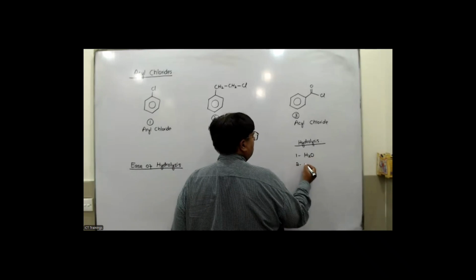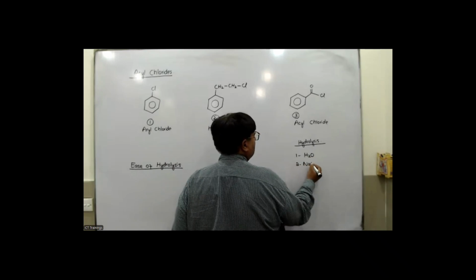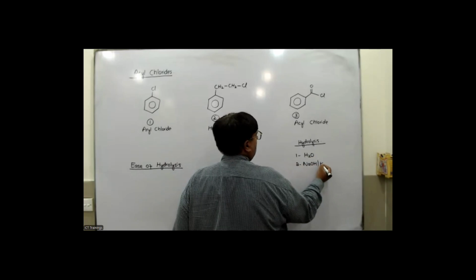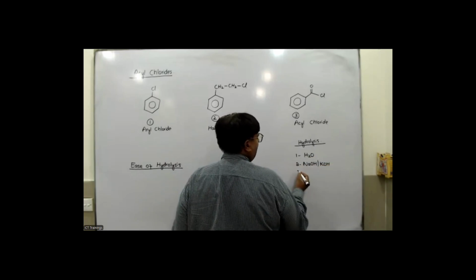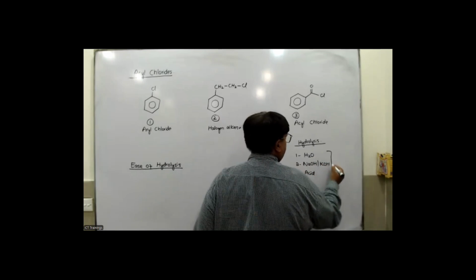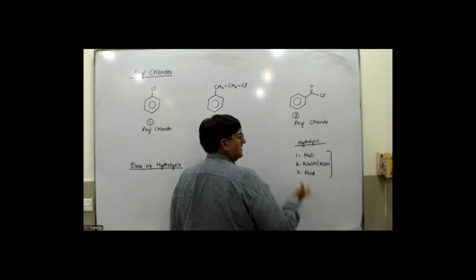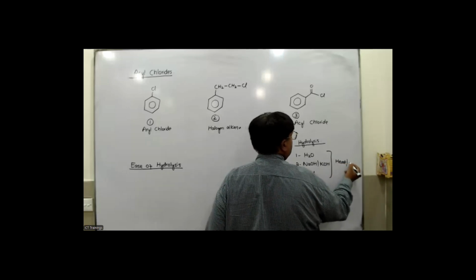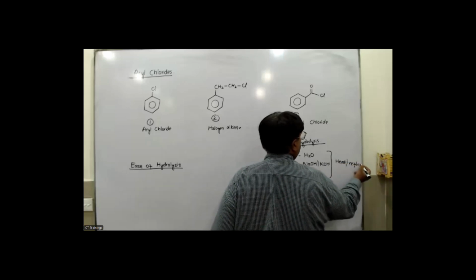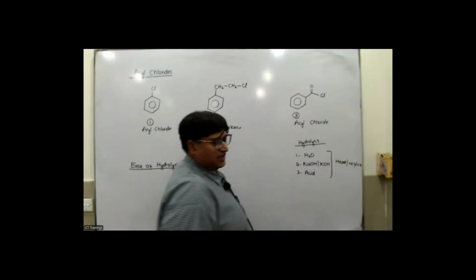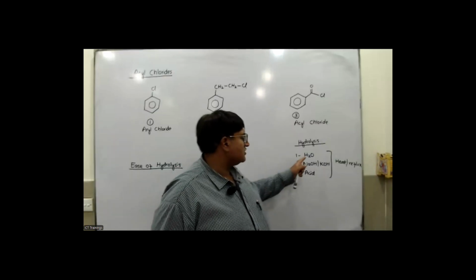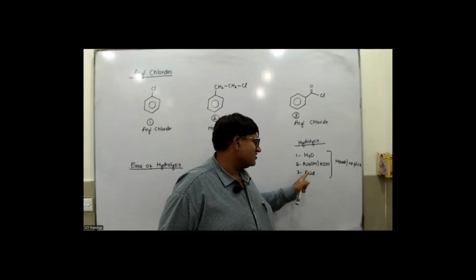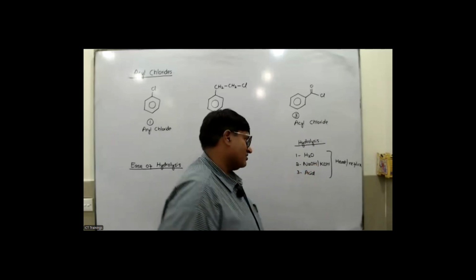The second, it could be done with the help of a base, NaOH or KOH. And the third, it could be done with the help of an acid. For all of these three processes, you need heat under reflux. These are the conditions for all of these. So hydrolysis with water, basic hydrolysis and acidic hydrolysis.